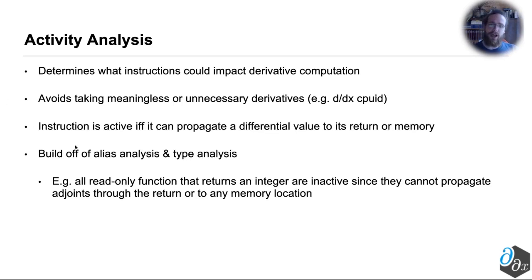So an instruction is active if and only if we can propagate a differential value to the return of the function or some memory that is the output. We use alias analysis, which is a set of LLVM analysis passes, and type analysis, which is Enzyme specific. And as an example, read-only functions that only return an integer are inactive, since you cannot propagate any gradient information through those functions.